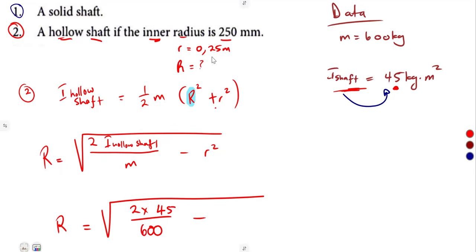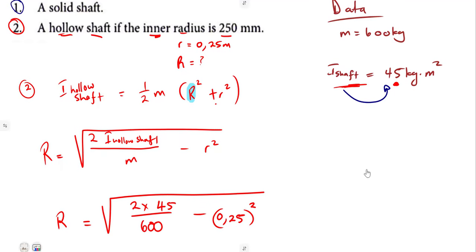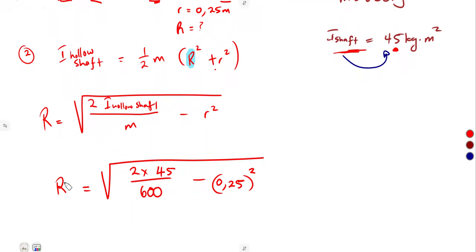Our inner radius being 0.25, but we must square it, 0.25 squared. So this will give us the outer radius. The outer radius was going to be 0.296 meters. So our question is not about the radius, but about determining the diameter.